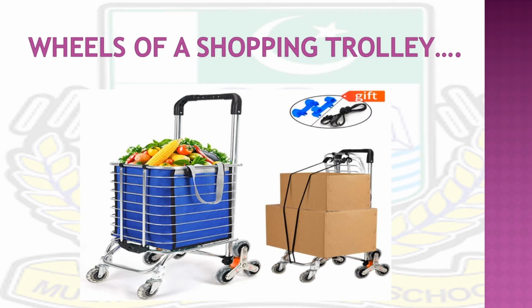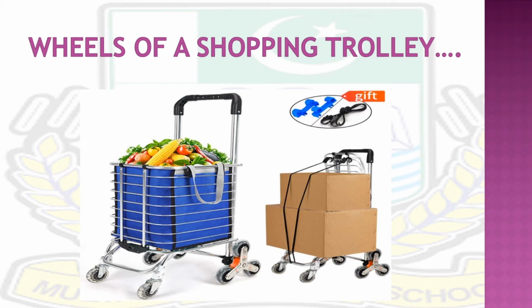Friction as a negative force: we have to see first the wheels of a shopping trolley. Most of us would have used a shopping trolley at the supermarket before. Now imagine, without the trolley wheels, we would be pushing and lugging a huge metal basket around the supermarket instead.